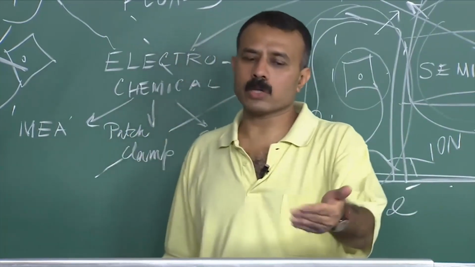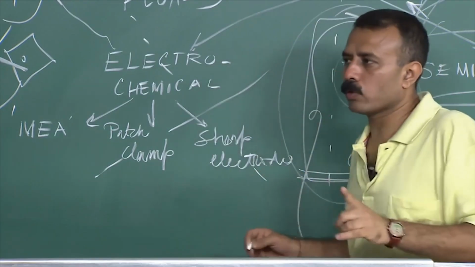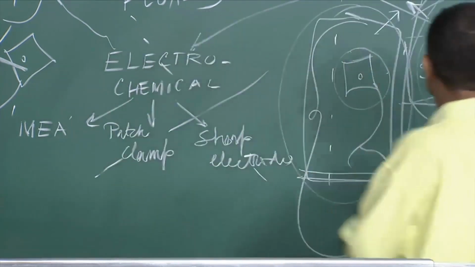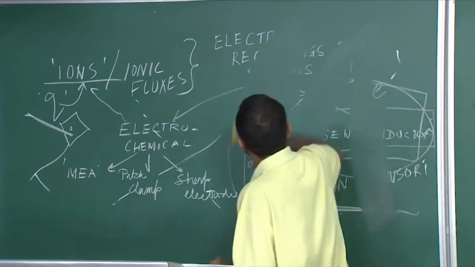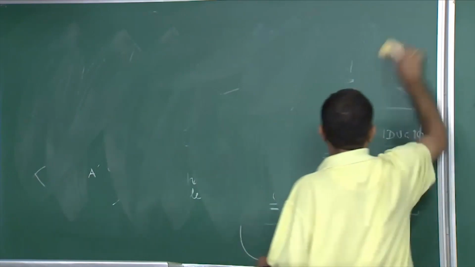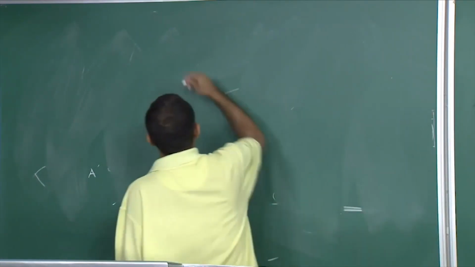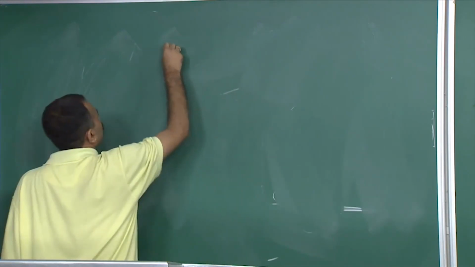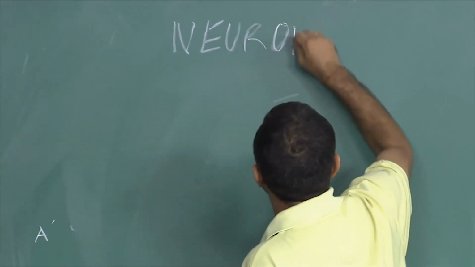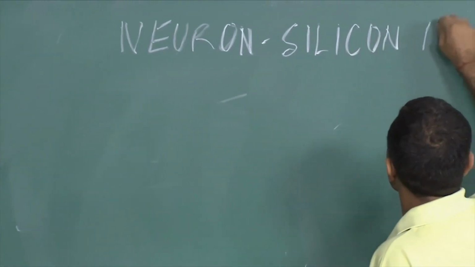That is why here we will be talking about the neuron silicon interface, but just to remove a doubt, this could be something else also, any other semiconductors. So, what you see here on your slide is the neuron silicon interface.